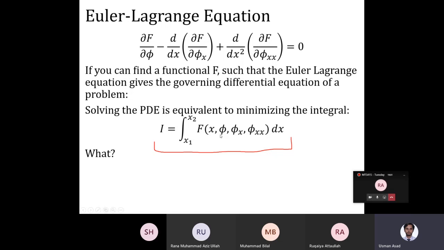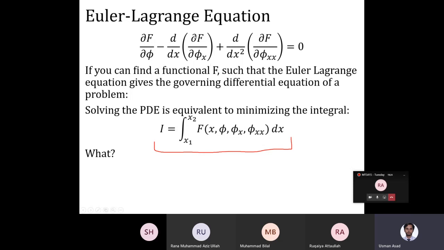This could be like temperature in case of heat transfer analysis. It could be velocities in the case of computational fluid dynamics, also called CFD, right? Or it could be anything else इसके ऊपर जो है ना आप काम कर रहे हो. That is your phi and its first and second derivative. For example, if this is with respect to x, then the Euler Lagrange equation takes this form.